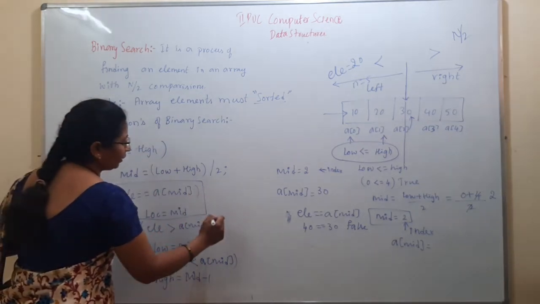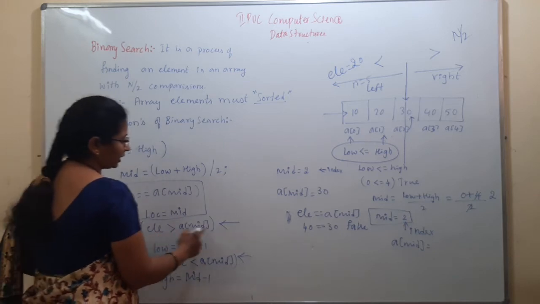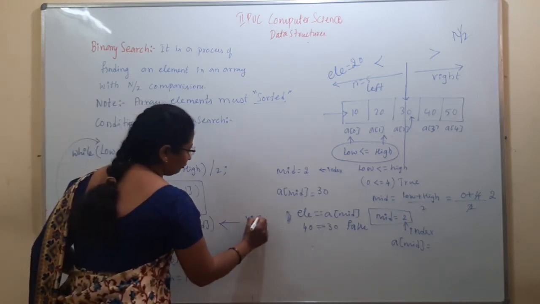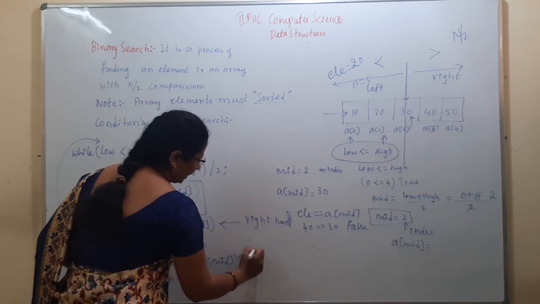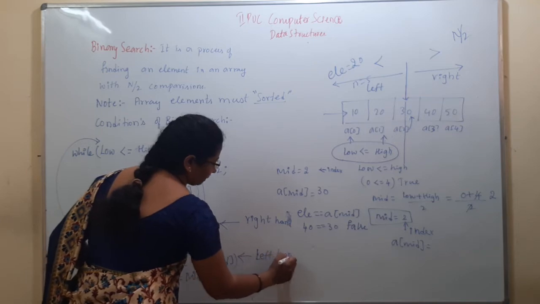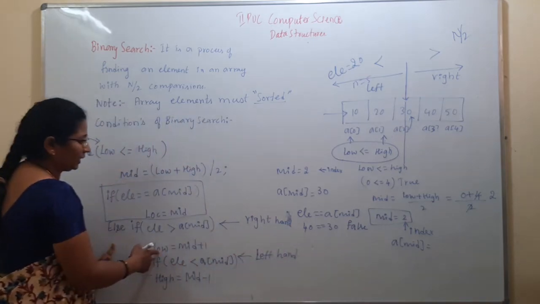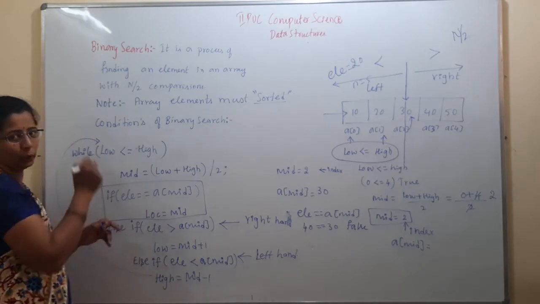Again, see, the condition decides which part we need to traverse. If it is greater than, traverse only the right hand side. If the element is less than, traverse only towards the left hand side. So only changing the pointers, again it will be repeated with the while loop.